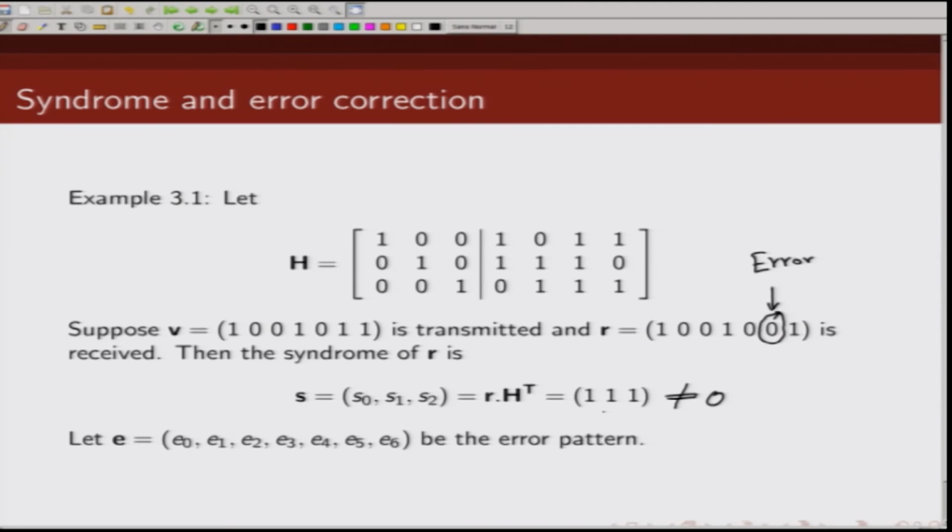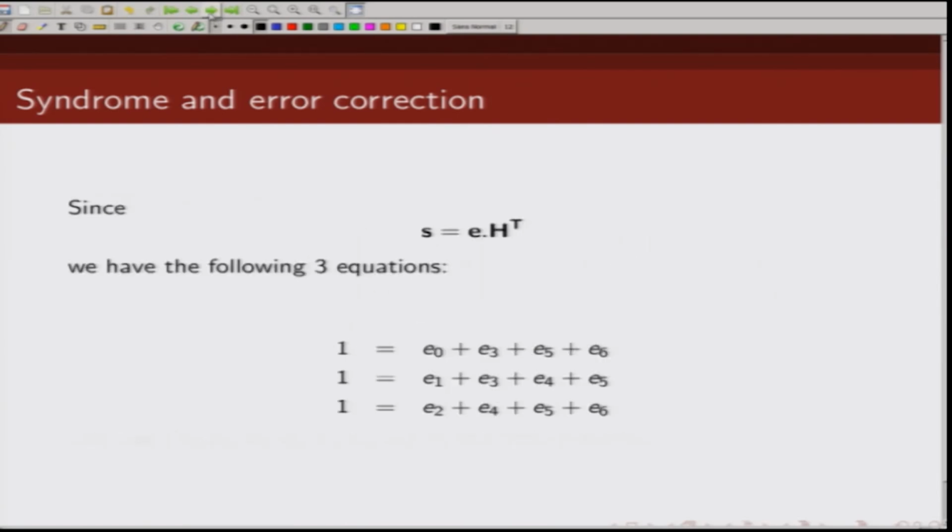The next step is to find out where the error has occurred. We can write the syndrome in terms of the error bits. We have 3 equations and a total of 7 unknowns, and these equations are given by this.